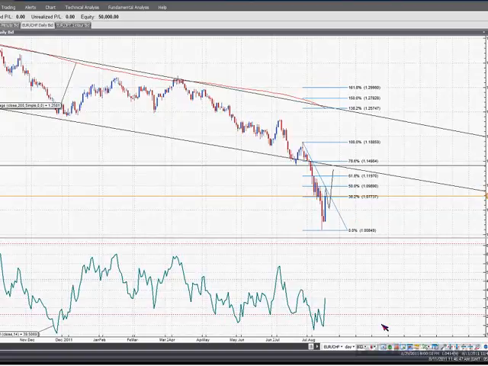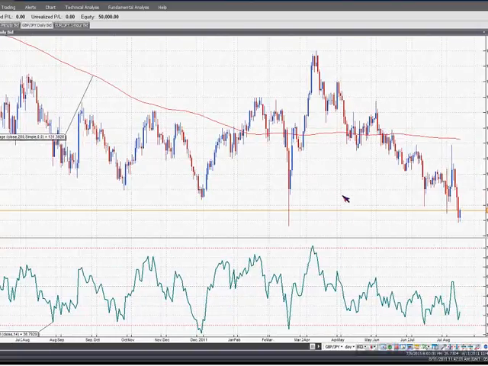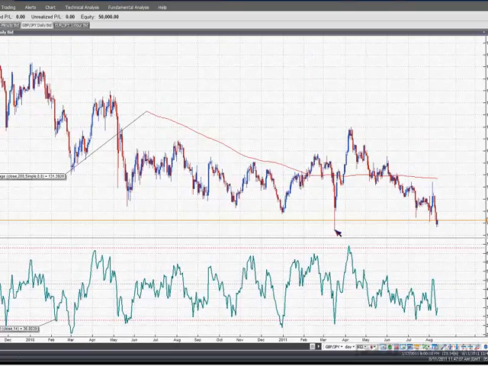Okay, all right. So one last look at the markets in the pound yen. Okay, so this is the daily chart. We are back to this low here, right? This was March after the disaster in Japan.